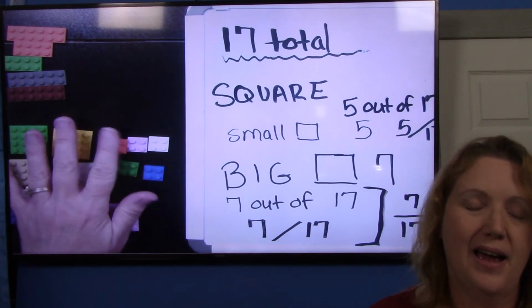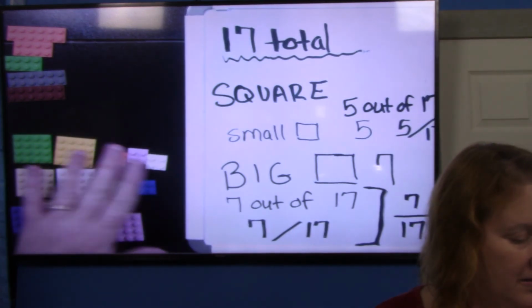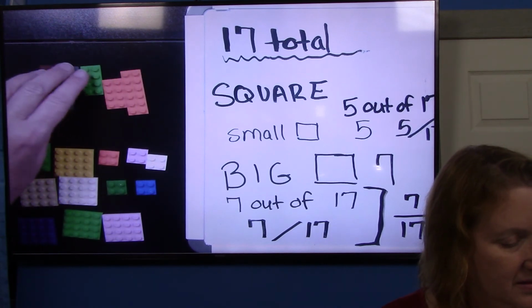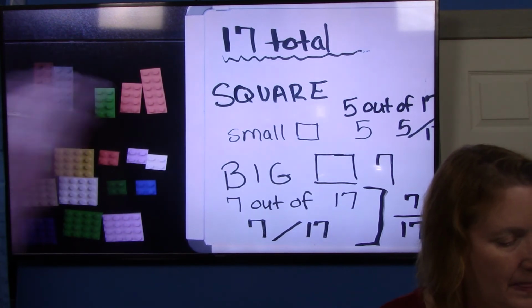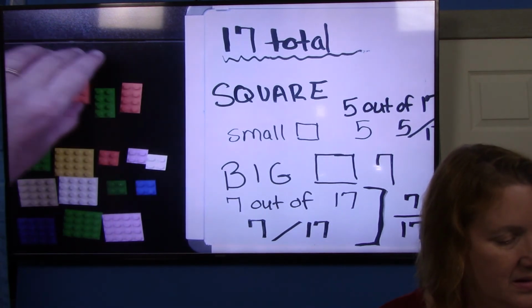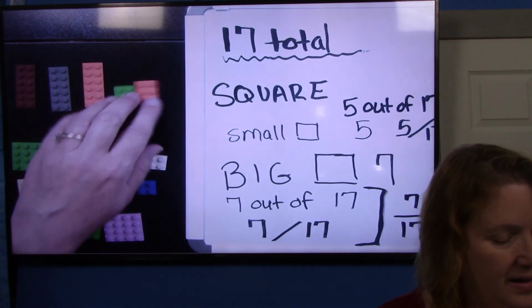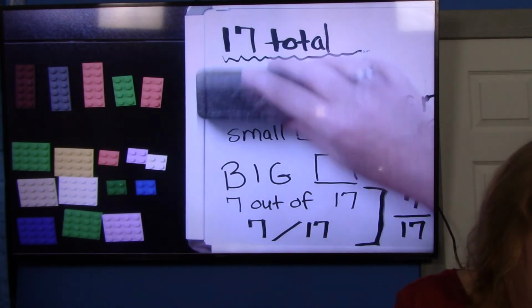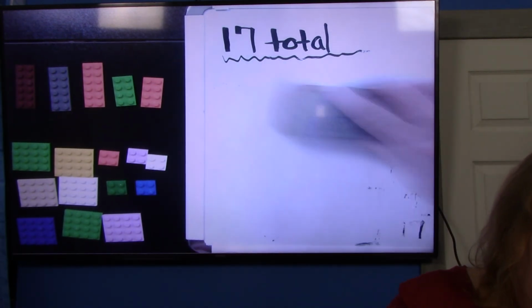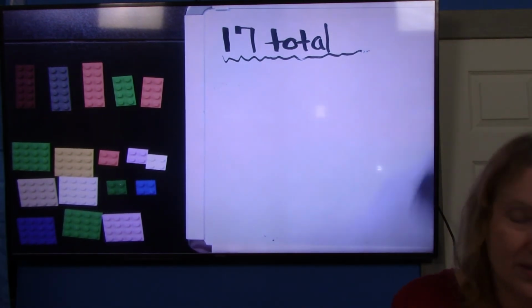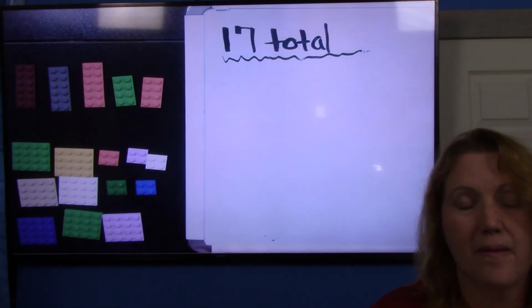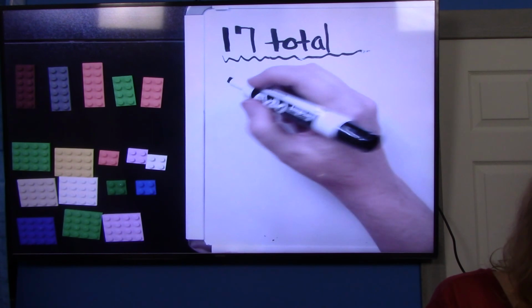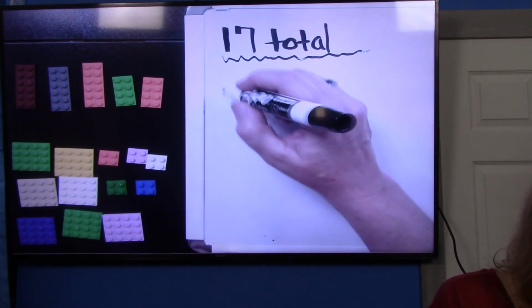Let's go back and add on our rectangles. Bring them back down here. And if we're going to look at just our rectangles, we have big and small rectangles also. So I have big rectangles and small rectangles.